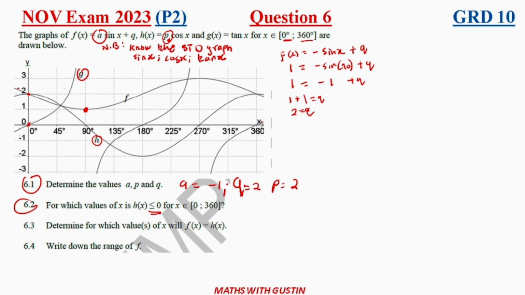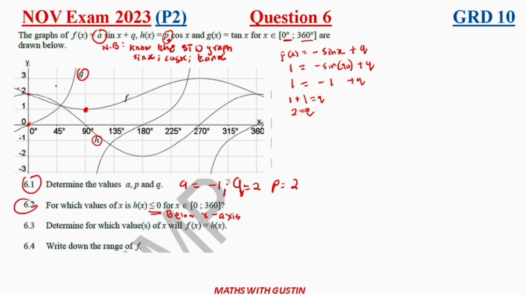If you understand what this means, in layman's language, it means where is this graph below the x-axis? That is basically what they are asking you. Don't be confused, guys. If they said greater, it simply means where is this graph above the x-axis.